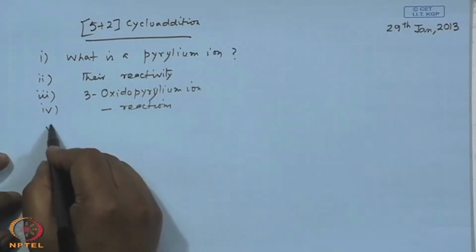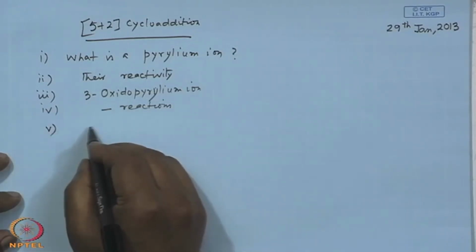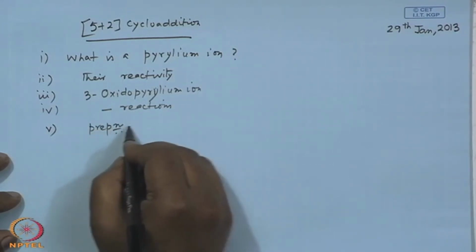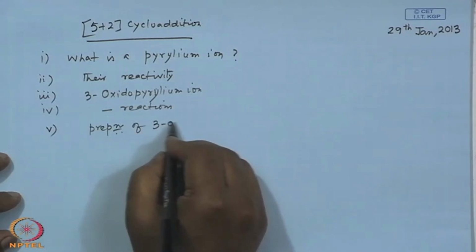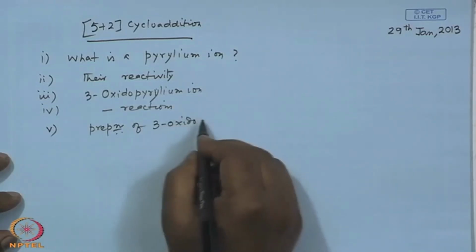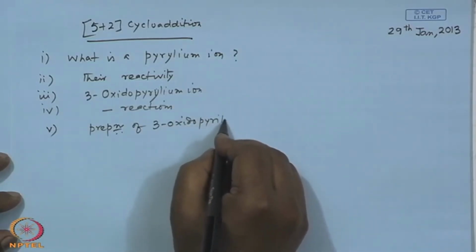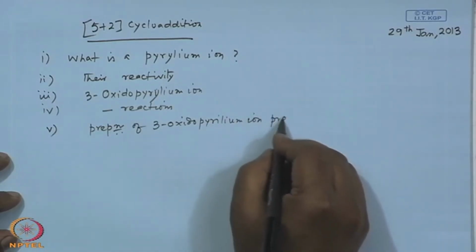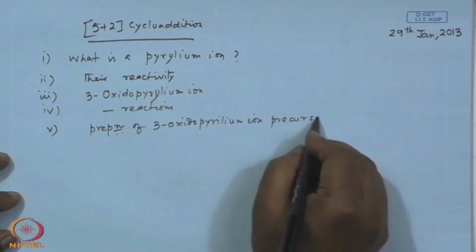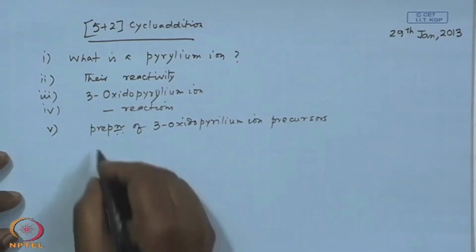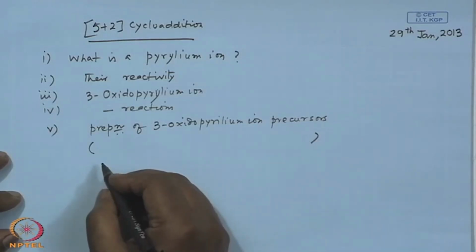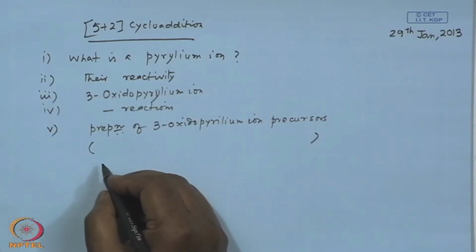and subsequently we will talk about the preparations of 3-oxidopyrylium ion precursors, which are produced from a very well-known reaction.